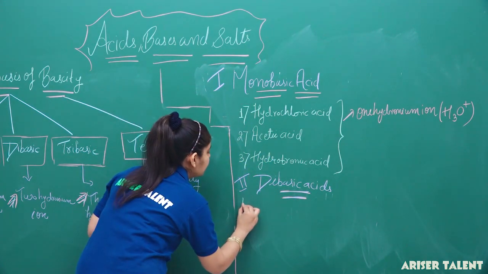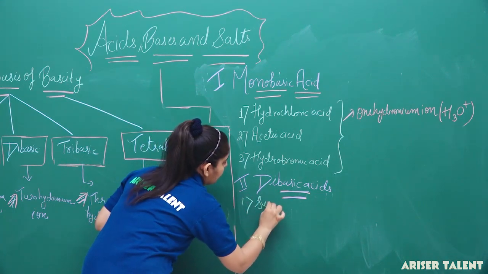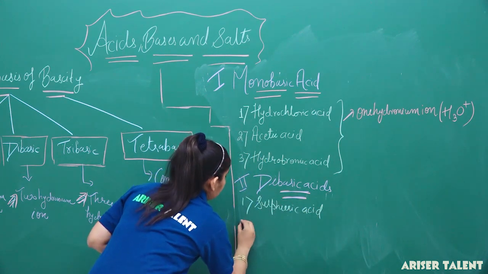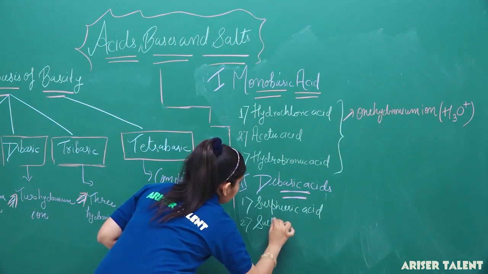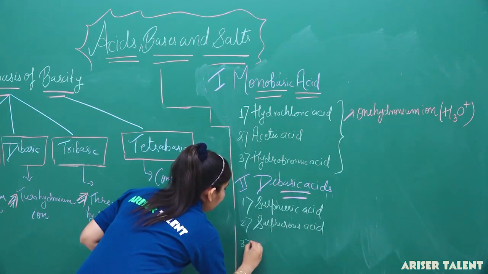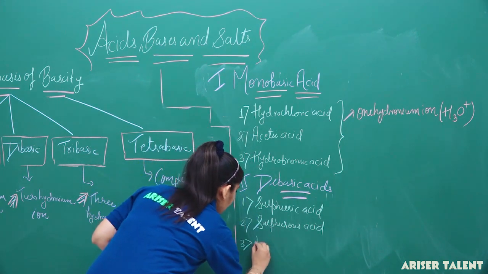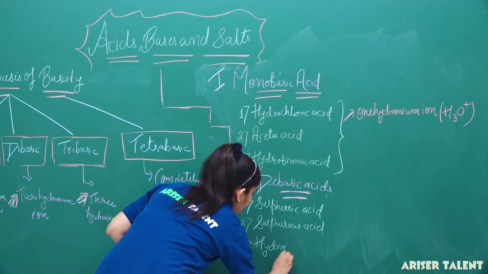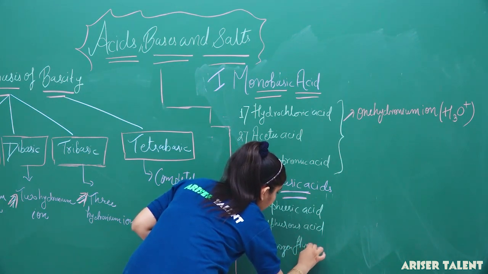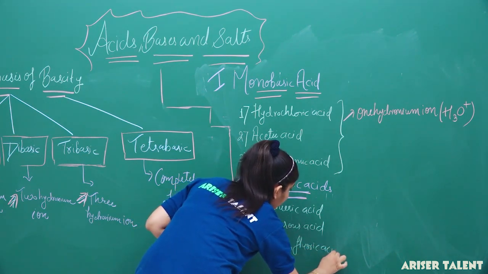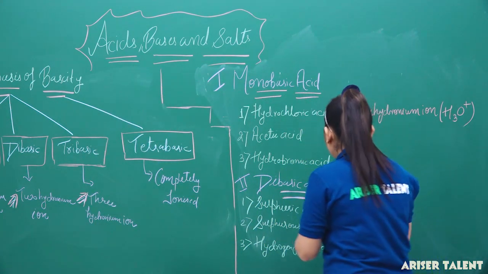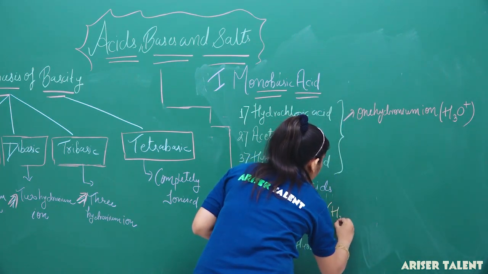Our first example is sulphuric acid, second is sulphurous acid, third example will be hydrofluoric acid. I am writing the molecular formula of all these acids here. Sulphuric acid stands for H2SO4.